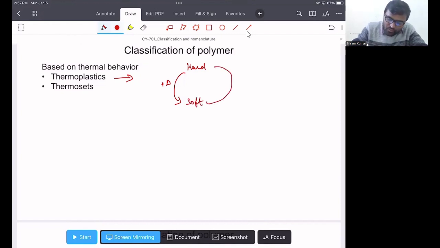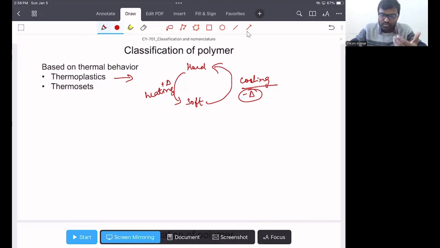And if you cool this material, minus delta H means the cooling process, and plus delta H means the heating process.